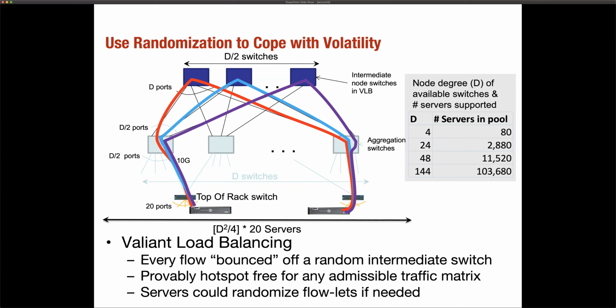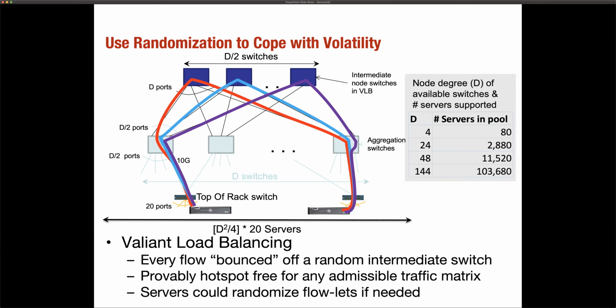But because these flows are relatively small in duration, there might be some temporary congestion issues that we can see in the network, but the probability of such events happening is relatively low. And the probability of such a congestion event persisting for a very long period of time is even smaller, right? Because these flows are small. So even if you make a bad decision for a certain flow, that decision will amortize over time because those flows don't last for a very long period of time.